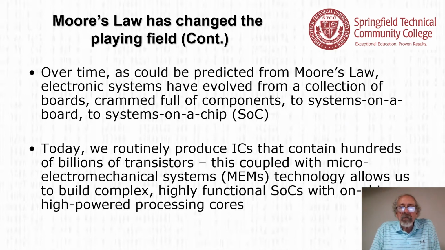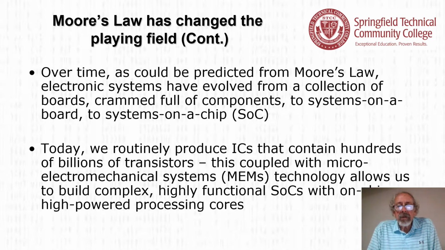So over time, as could be predicted from Moore's Law, electronic systems have evolved from a collection of boards crammed full of components to systems on a board to systems on a chip, which the acronym there is SoC. Today we routinely produce ICs that contain hundreds of billions of transistors.